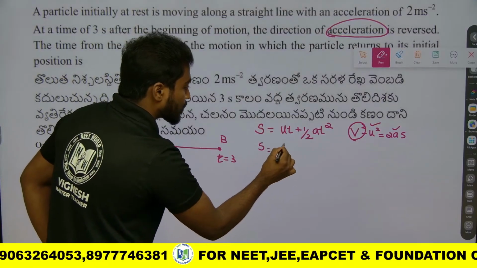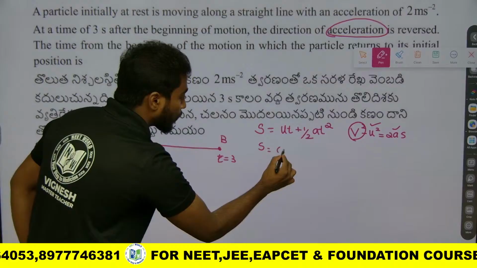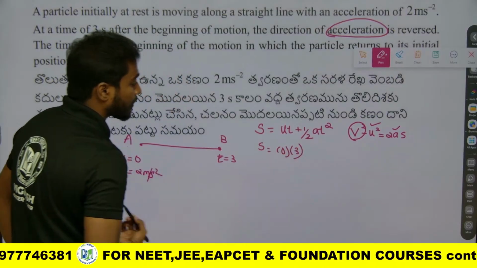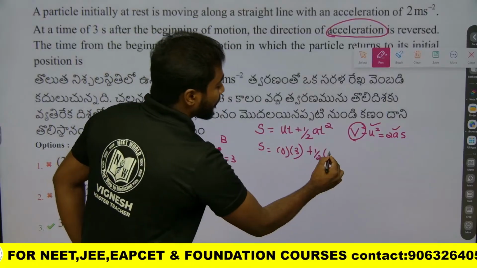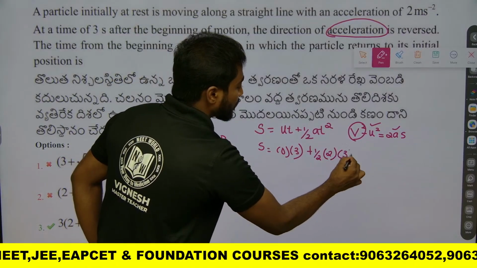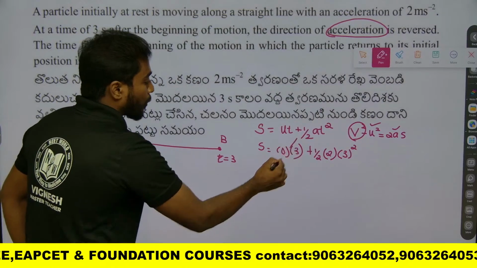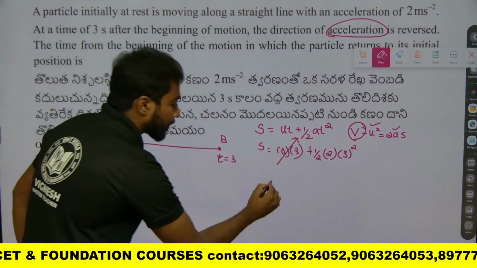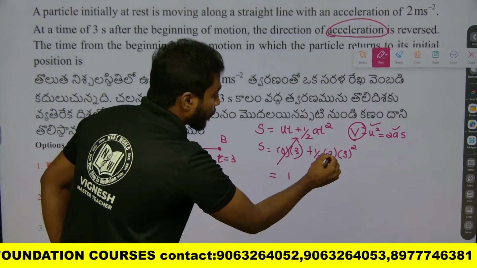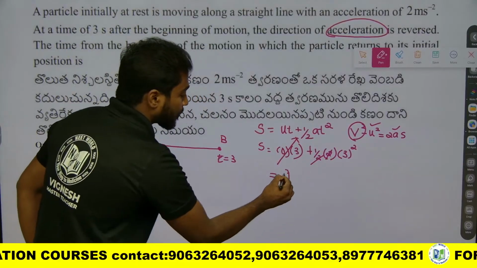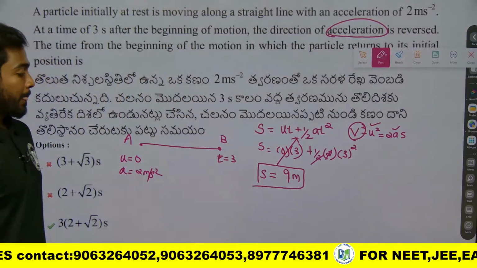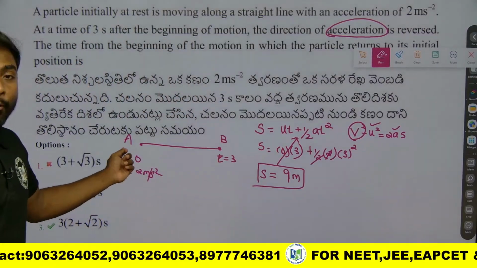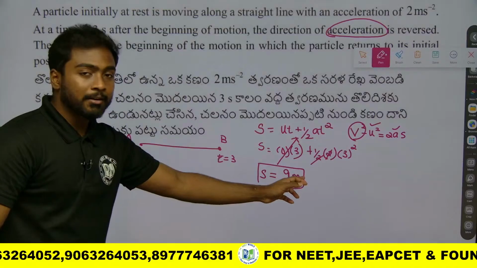So s is equal to u, which initially is 0, times 3 seconds, plus half into acceleration, which is given as 2, and the time is 3 square. So the first term is neglected, 0 into something is 0, and then the half and 2 will get cancelled, so this is 9 meter. Now from point A to point B, it is 9 meter, like the displacement is 9 meter.